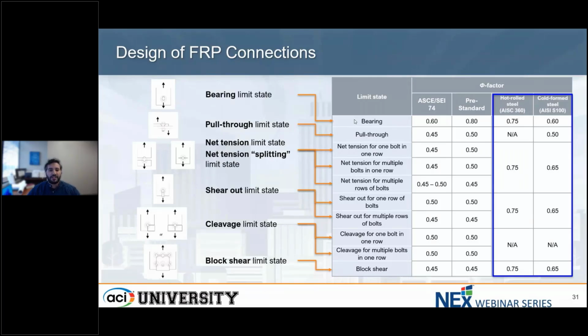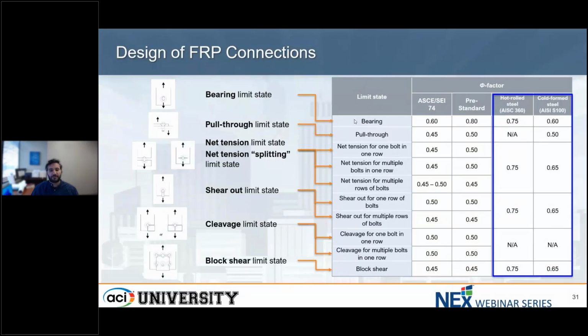When it comes to the resistance factor, the phi factor mentioned previously by Hassan, there is a clarification that has to be made in comparison with other materials. You can see in this table that the resistance factors for FRP are significantly lower than those for similar types of design like hot-rolled steel or cold-formed steel. This is due to multiple reasons, but the primary one is that FRP is a brittle material, so it doesn't have the ductility that steel inherently has.